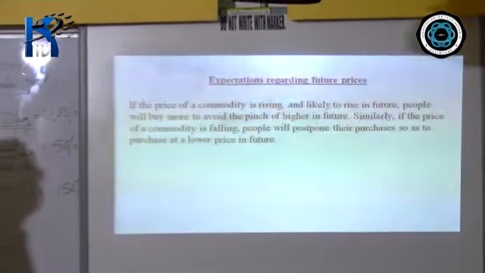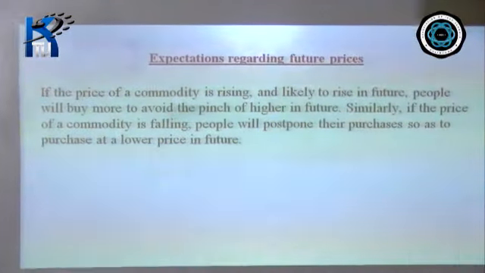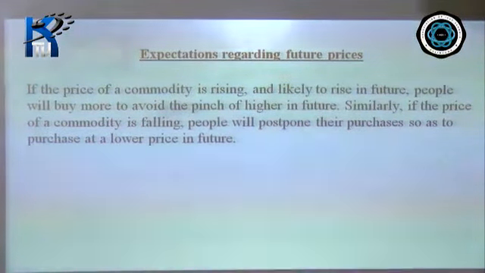The next one, expectation regarding future prices. So you expect the prices to rise in the future. Please be careful here. Here you will not say the price is constant, it hasn't changed, and in future it will change, that is wrong.